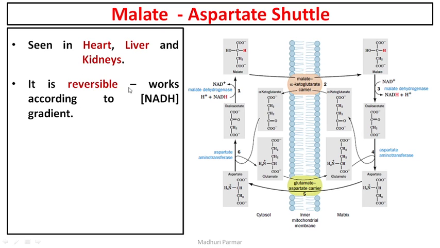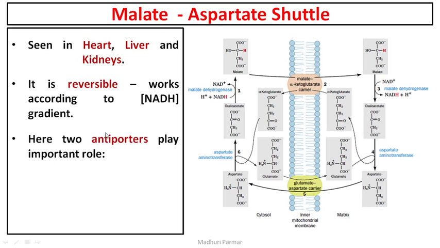It works according to the NADH concentration gradient. Whenever there is a square bracket, I hope you understand that I am talking about concentration. So according to the NADH concentration gradient, the shuttle will work. If the NADH concentration in mitochondria is high, then from inside to outside. And if the NADH concentration outside is high, then outside to inside. Clear? So it is reversible.